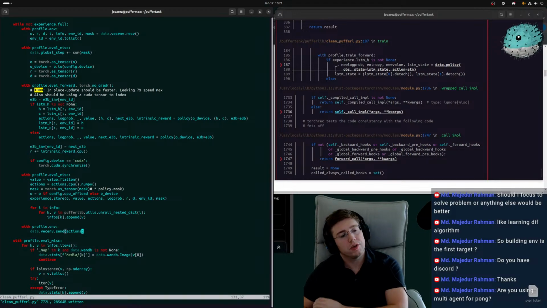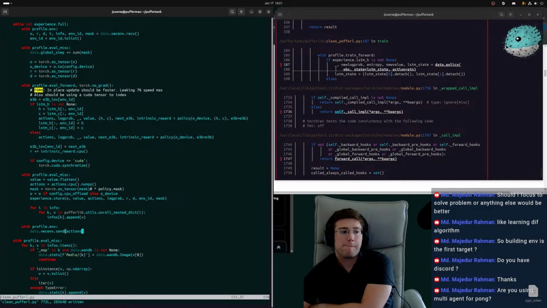Am I screwed here? No, because you don't need this at train time. It's already computed the rewards. You don't need it at train time.